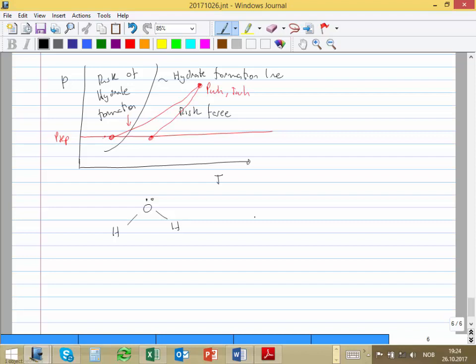We use another very polar molecule, for example methanol, OH. Again you have an oxygen. These guys are a bit egoistic, so they say, I want all the electrons for me, and that creates again a dipole. That interferes, and that's what we call using hydrate inhibitors to change the hydrate formation line.